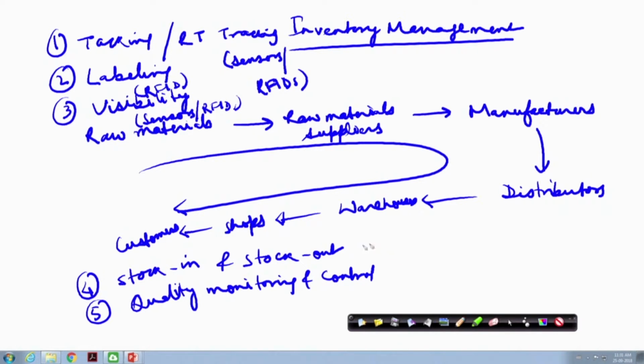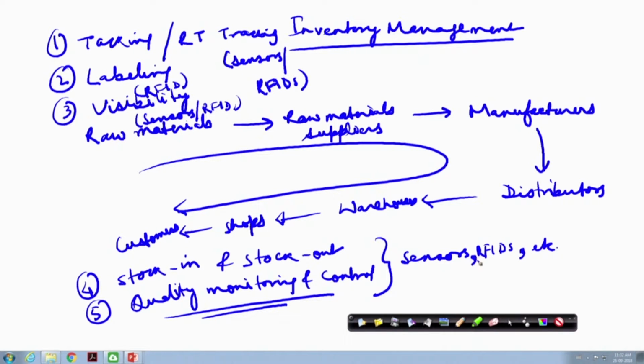Similarly for stocking in and stocking out, and also for quality monitoring and control, you could use sensors, RFIDs, etc. But additionally, particularly for the monitoring and control part of quality, you should also have the implementation of different analytics. So, different analytics engines should be implemented.